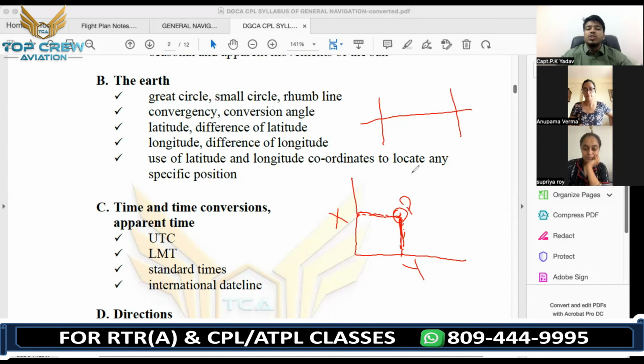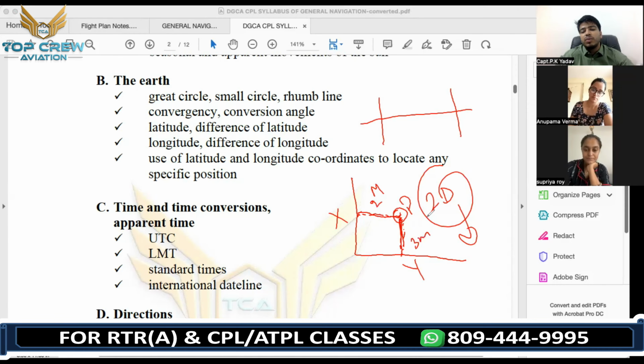Right? So this is a 2D representation. And here we say meters, like x axis, y axis, 2 meters from here, 3 meters from here. The same thing we would study here in latitude, longitude, and we talk in terms of degrees.